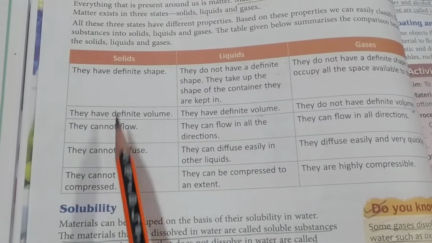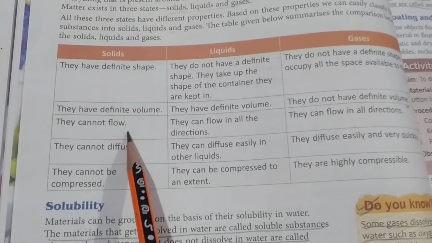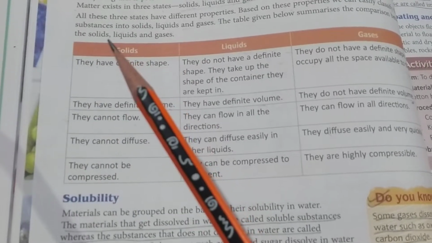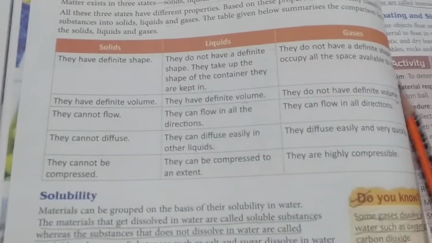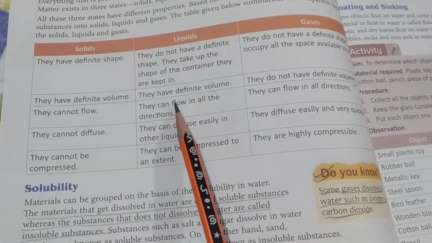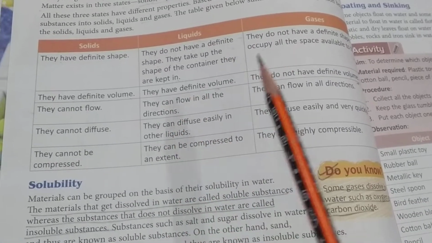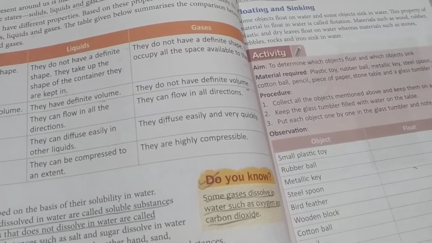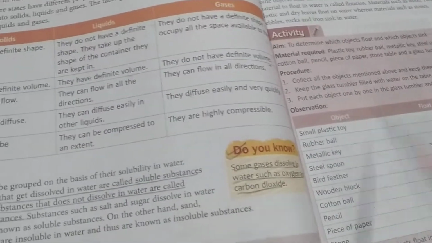Next, solids cannot flow. If a solid is kept here, say I have a pencil, it cannot flow. If I keep it here, it will stay there. But if we talk about liquids, they can flow in all directions. If water is poured here, it goes in that direction or this direction also.